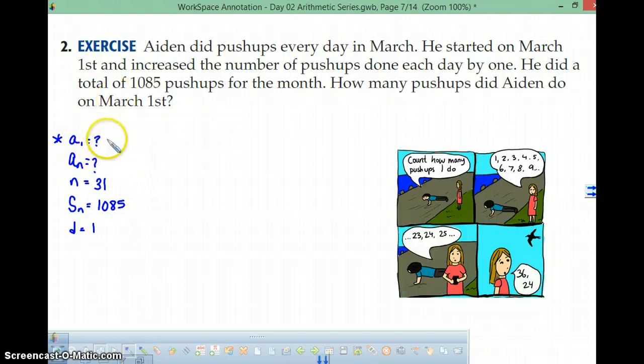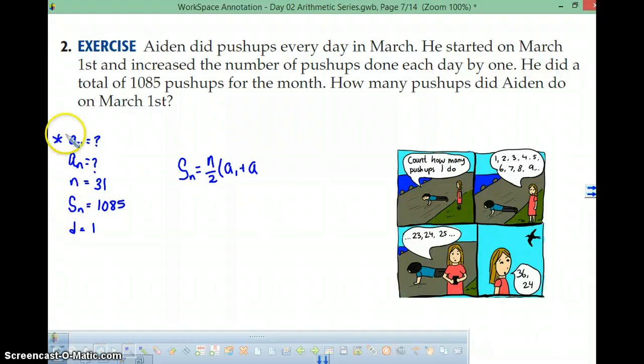All right. Now, how can we find a sub 1? Well, which equation should we start with? We know that we know the total number. So let's start with S sub n equals n over 2 times a sub 1 plus a sub n. Do we know n?